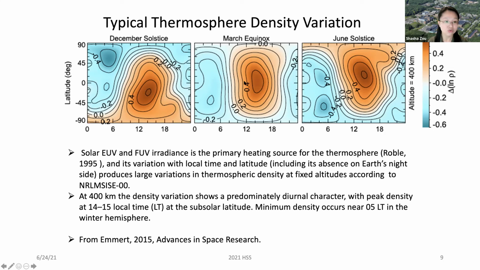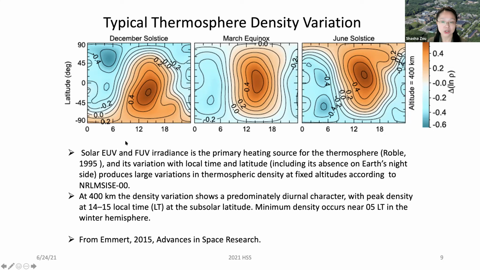It's actually not right at noon, but slightly off, around 14 or 15 local time, because it continuously accumulates energy while the Earth is rotating. This is why the peak usually occurs 2 to 3 hours east of the noon sector.